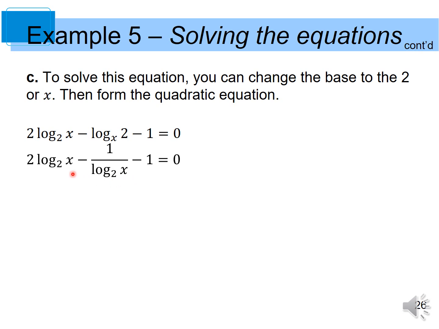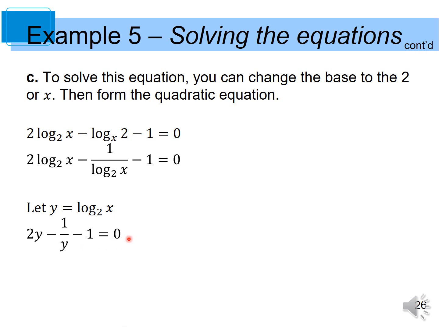Then the first term and the second term have the same base already, so we can solve. Next, we let y equal to log of x to the base 2. Then we can write 2y minus 1 over y minus 1 equal to 0.